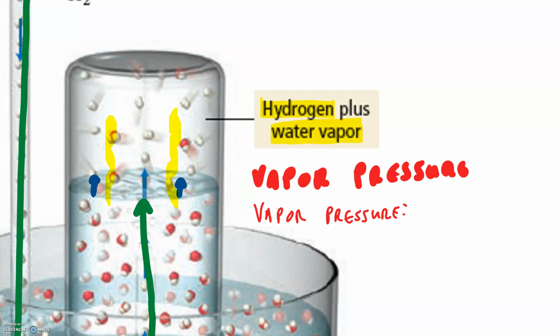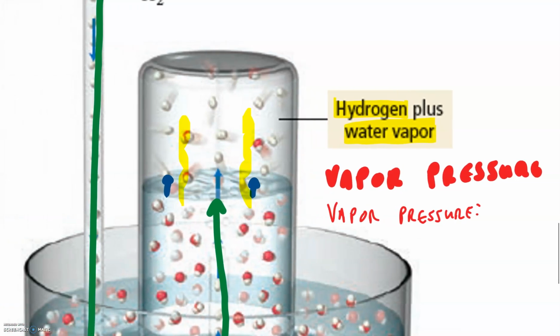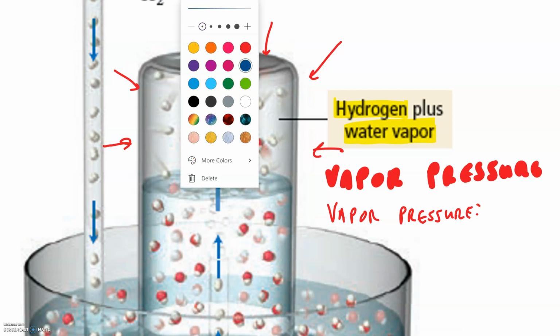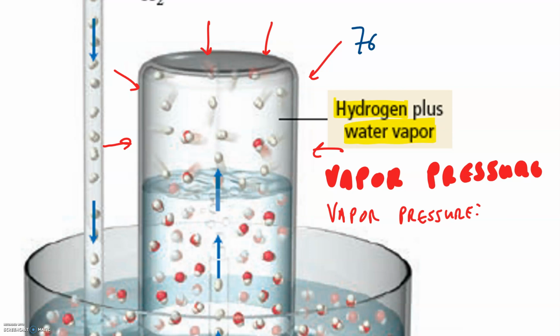So here's how we're going to do this. We're going to assume that on the outside of this trap is atmospheric pressure, whatever the pressure of the room or the atmosphere is. Usually we're at standard sea level air pressure, so we'll say that this is 760 millimeters of mercury, or whatever you want to use.